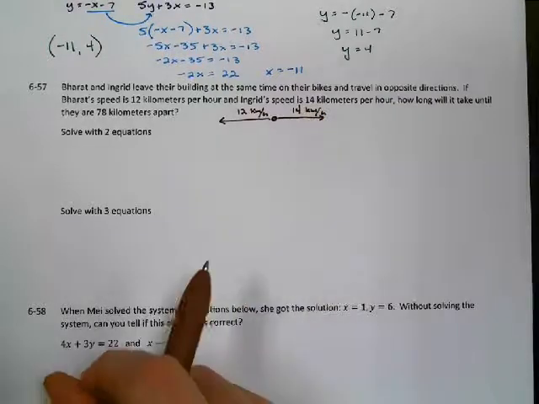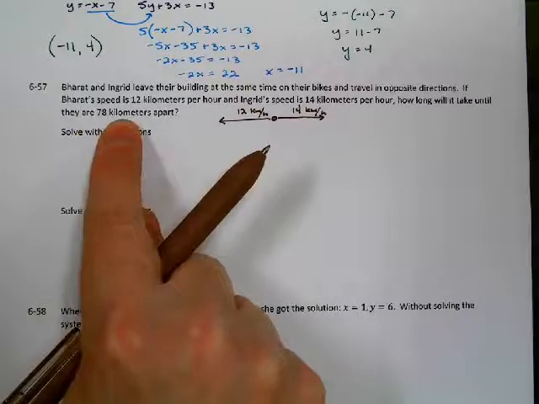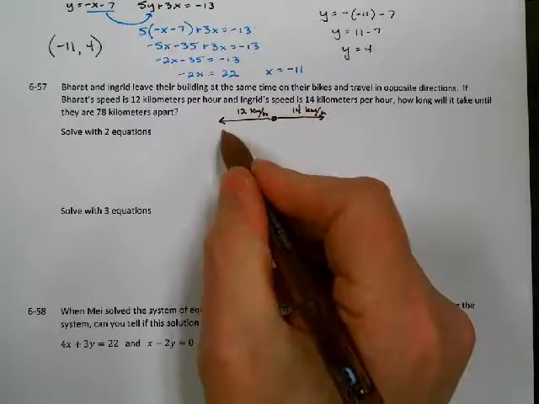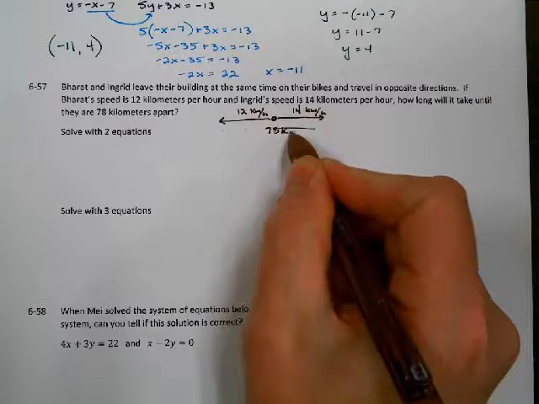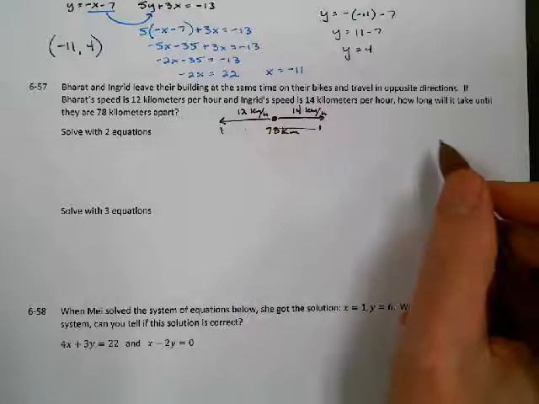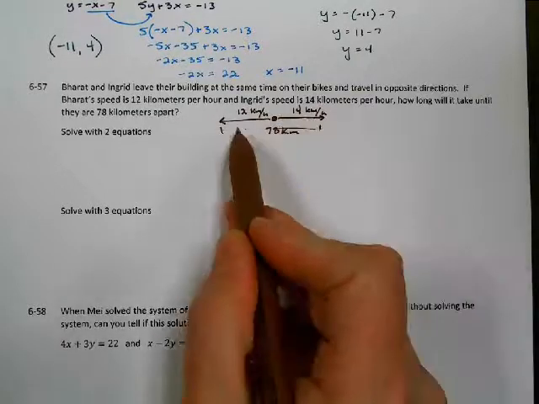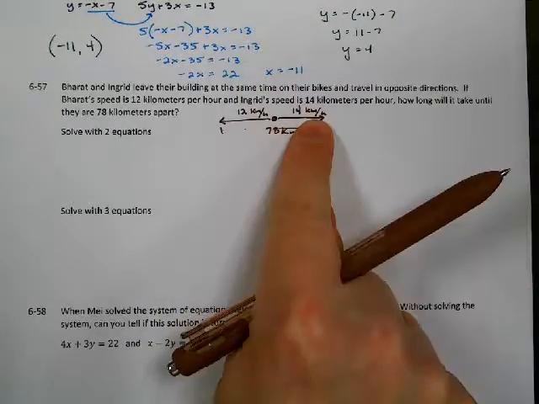All right, how long will it take until they are 78 kilometers apart? So this entire distance should be 78. So from here to here, that's 78. Now they're going at different speeds, so they're not going to go in equal distance. So this is not going to be equal to that because it's different speeds.